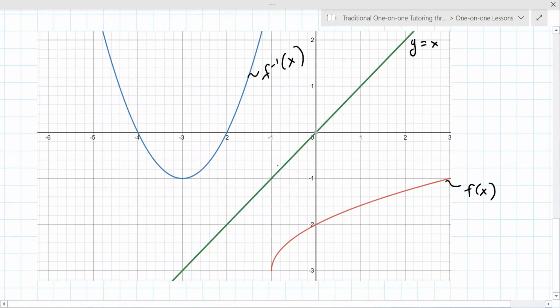Do you remember why this line, y equals x, is drawn? I don't. So the idea is that this curve right here is a mirror, because this curve is reflected over it.